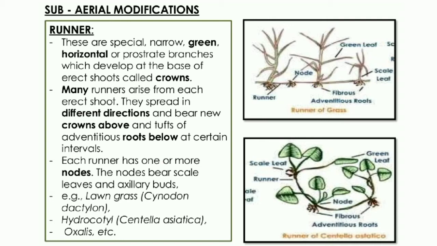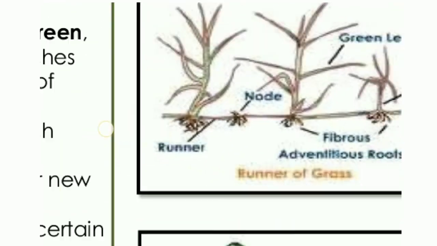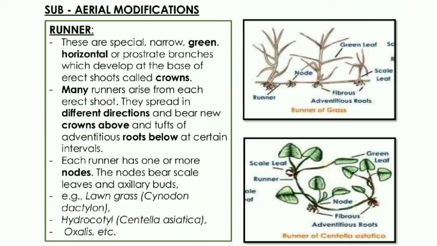At the end they also bear many crowns, meaning tufts of adventitious shoots in the aerial portion. At this node it may produce many shoots, and towards the underground portion it may produce many roots which run in different directions.